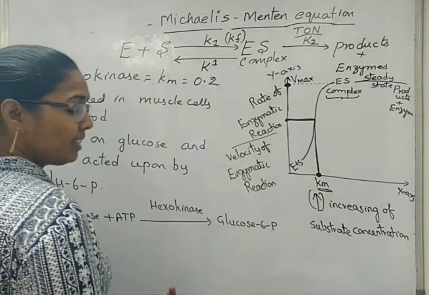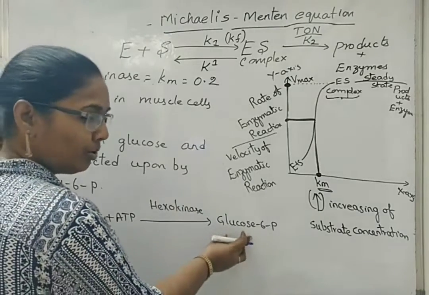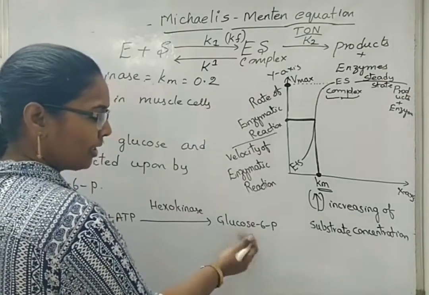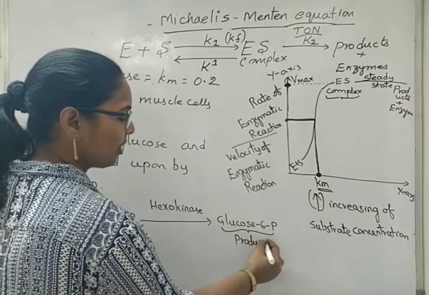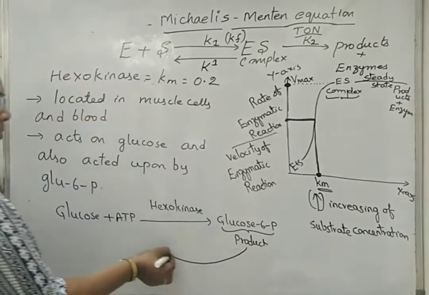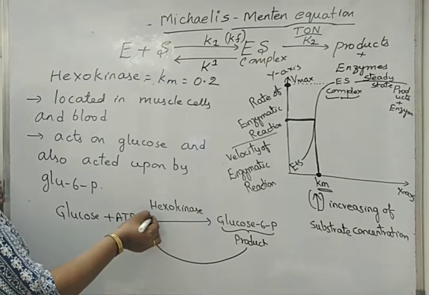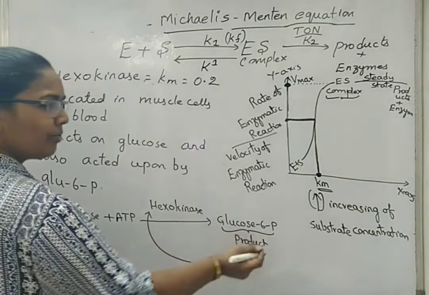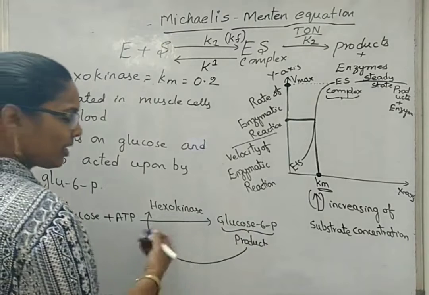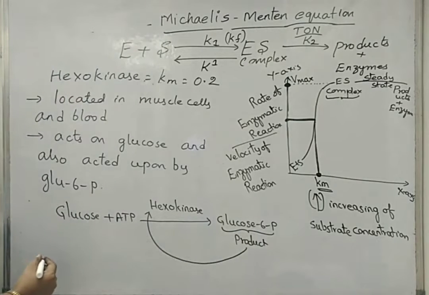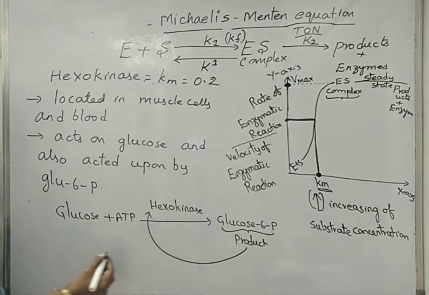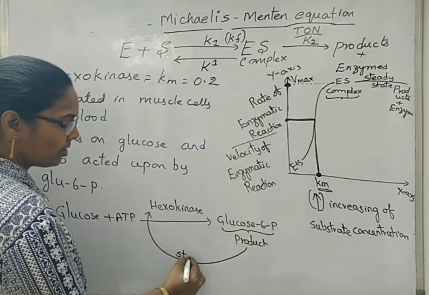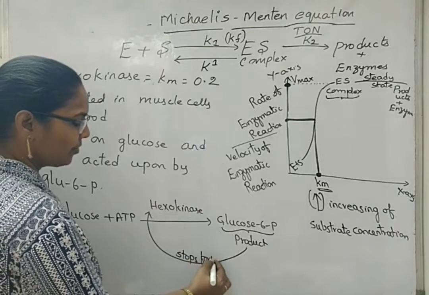But when any cell feels there is no need for more production of glucose 6-phosphate, then the product itself comes back and binds to the active sites of hexokinase to stop the forward reaction. Such type of stopping is called feedback inhibition or allosteric inhibition. So here the forward reaction stops.